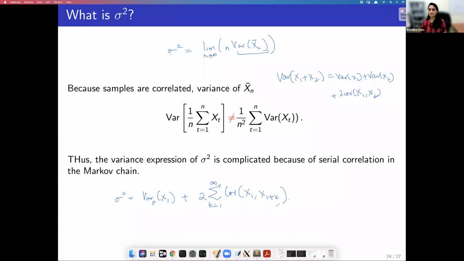It's basically what you get from an alpha mixing process, if you're familiar with the alpha mixing process literature. So the problem is that there's serial correlation, correlation up to an infinite lag, and that's coming from the fact that it's a limiting object, as n goes to infinity. The covariance never dies away, because the Markov chain has serial correlation. That is something we have to start accounting for.